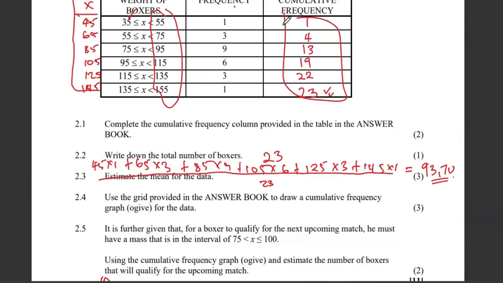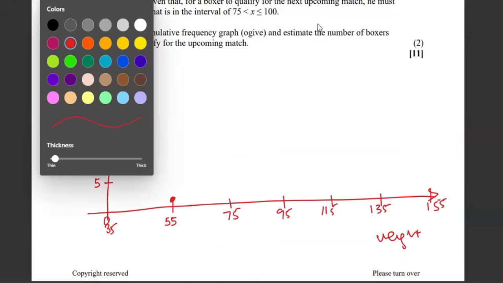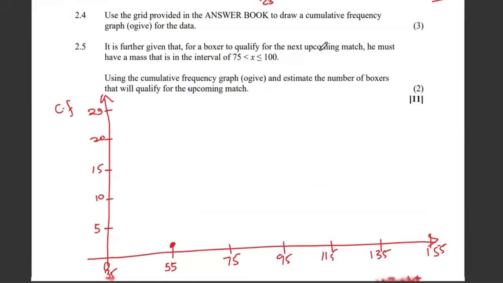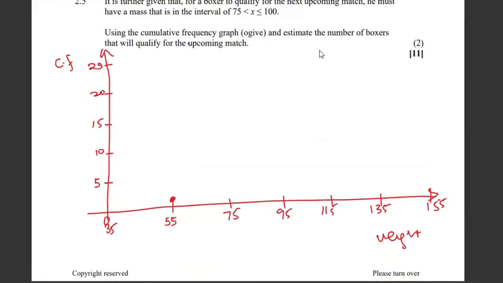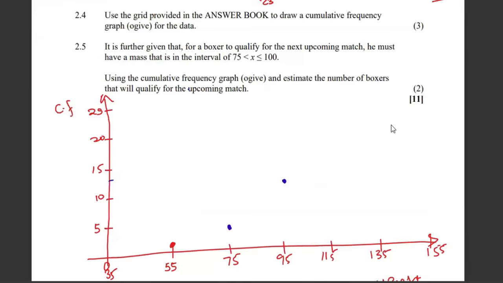So 55 is going to go with the 1. 1 is somewhere there. And then the next plot is supposed to be a 4. Okay, 4, then 13. So 4 is just below 5, and then 13 is somewhere there. And then 19, 22. 19 is below 20. 22 is slightly above there.